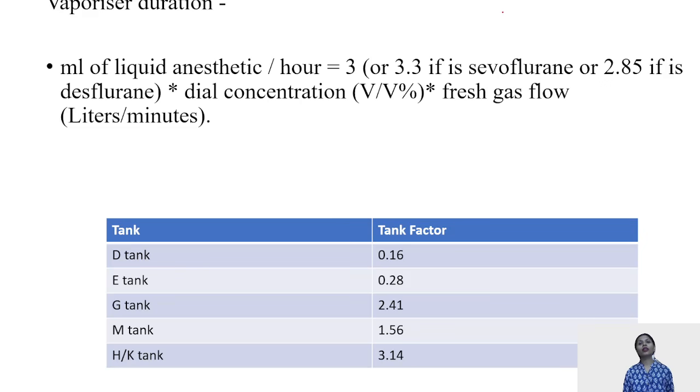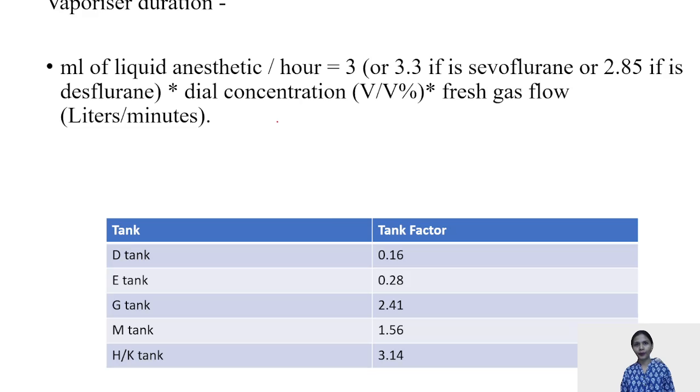Coming to one of the numericals that is asked on vaporizers. If you all remember, we had done a similar type of numerical when we were talking about the oxygen cylinder. How much the cylinder is going to deliver is dependent upon a tank factor, which was different for different kinds of cylinders: tank factor times the pressure present in the cylinder over the flow being delivered.